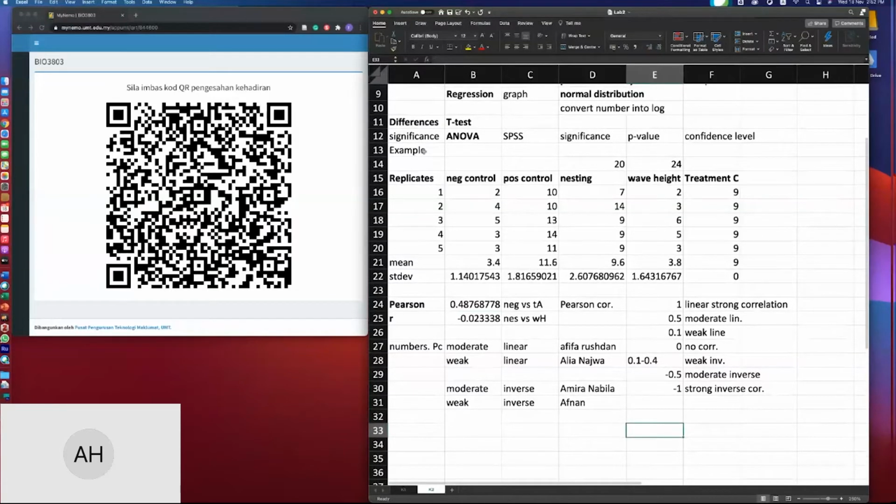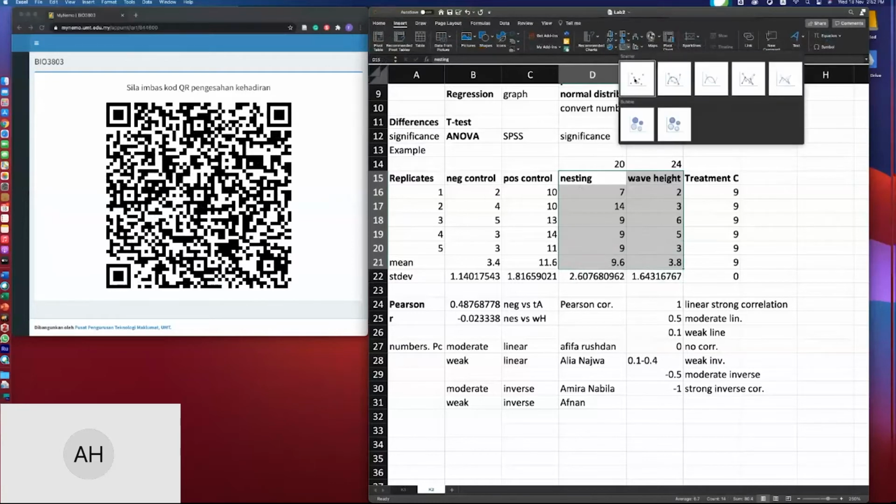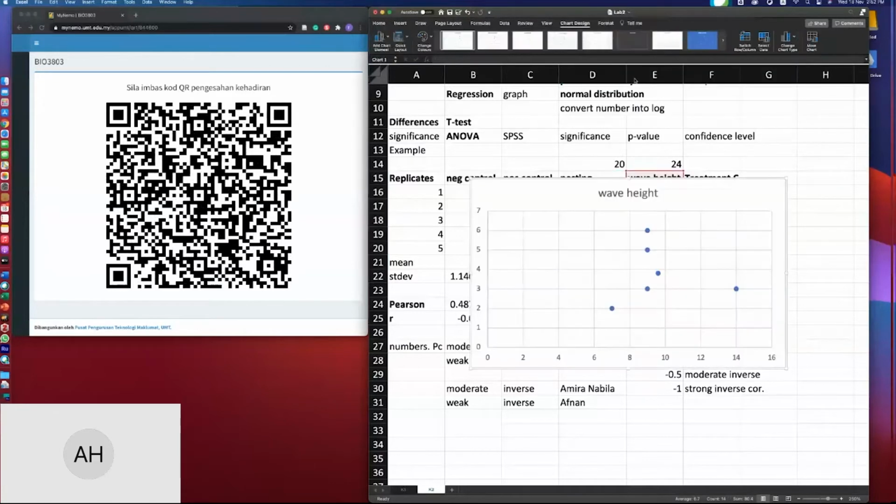In order to do regression in Microsoft Excel, you have to use the dot plot. For example, I want to compare these two parameters, two observed factors, nesting and wave height. In order for me to do that, I have to go to generate graph, go for this one, for example.